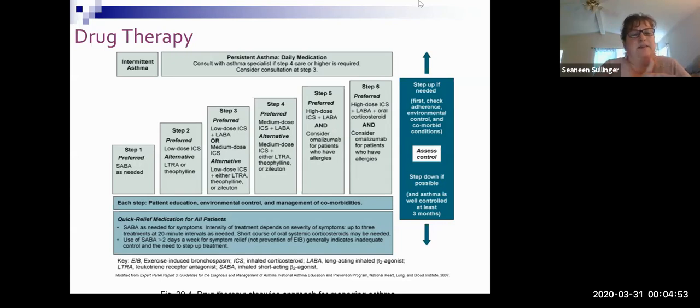I have not seen theophylline used in a long time. So the ICS is the inhaled corticosteroid. And then there's combinations, and you just keep moving up the chain. Step down if you can, and if the asthma is well controlled, then you can back off on the medication steps.